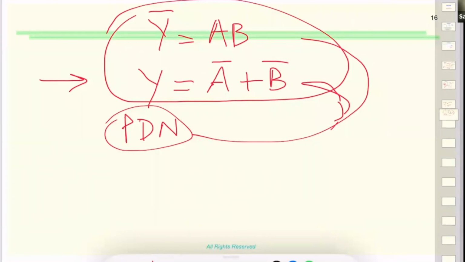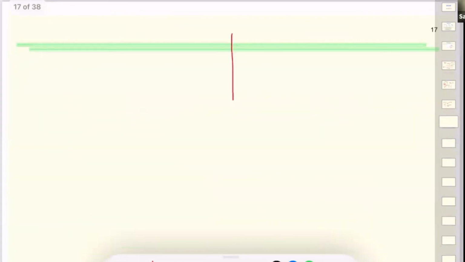All right, let's look at another example, which is two transistors in series.